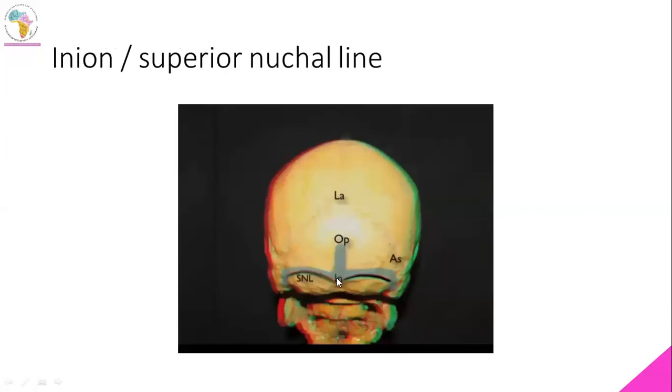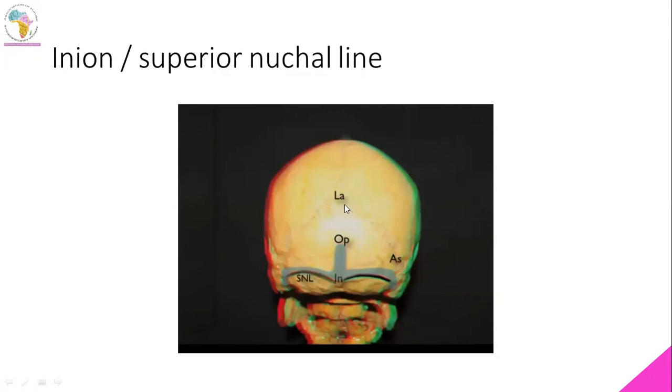On the posterior aspect of the skull, we have a craniometric point we call the inion, or the external occipital protuberance. This craniometric point makes a surface marker for the torcular, or the confluence of the sinuses. And from this point, the superior nuchal line will give us a surface marker for the transverse sinus.